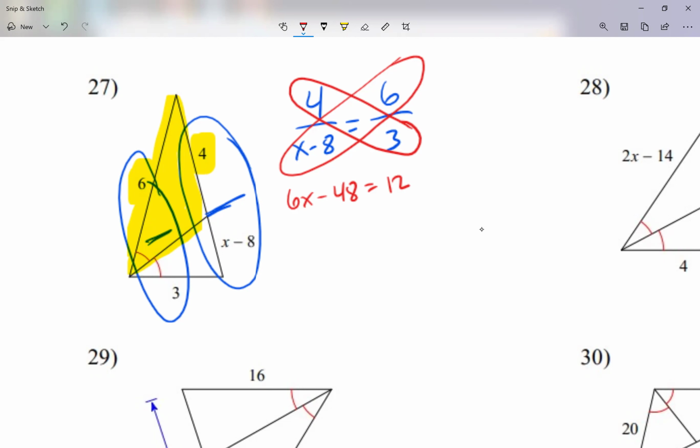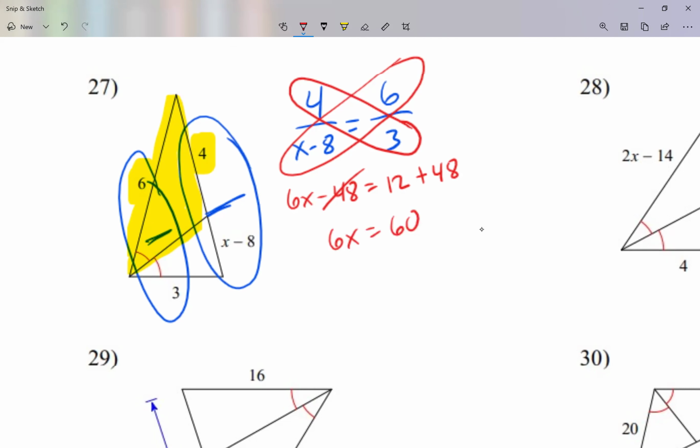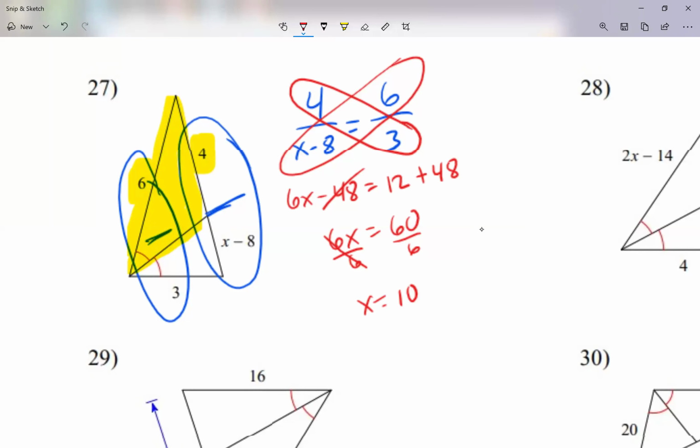So this minus 48, let me move it to the other side as a plus 48. Don't forget to switch the sign. So I get that 6x is equal to 60, right? 12 plus 48. Now to get x by itself, let me divide both sides by 6. And I get x is equal to 10. Good, that was not bad.